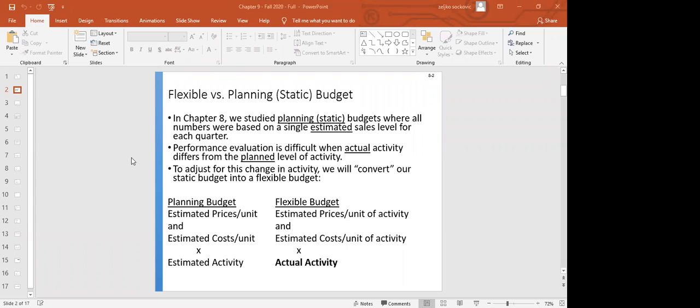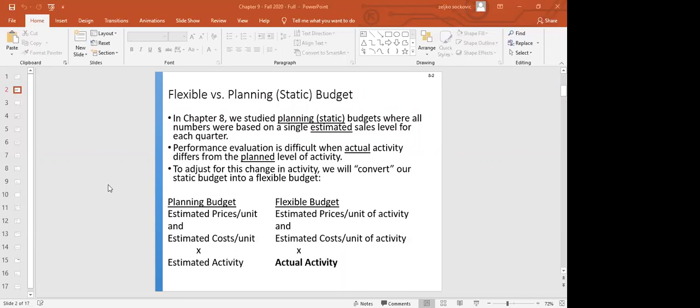So now you ask yourself, did my net operating income come out this way because the activity was higher or lower, or because of other things, right? And the flexible budget will tell us that there are other things. That's why we are doing it.